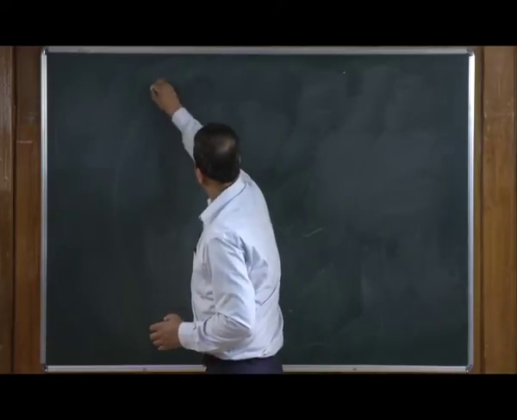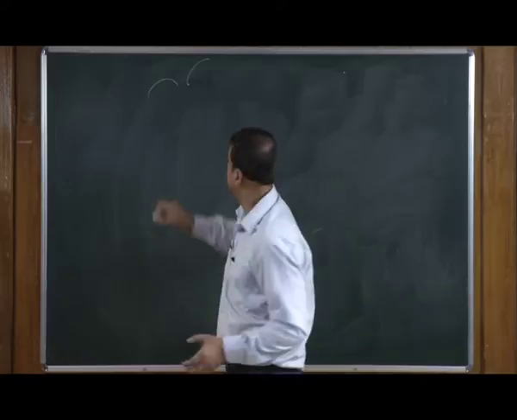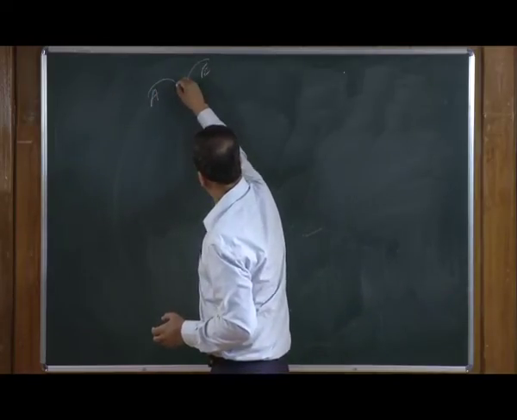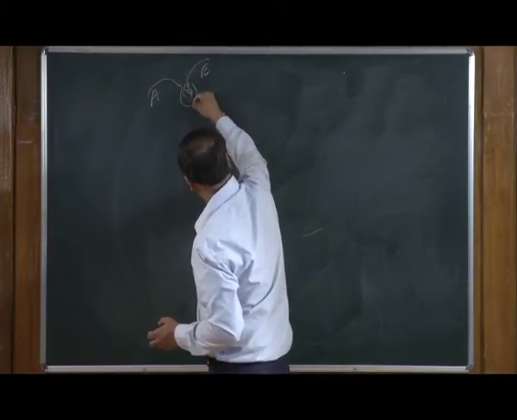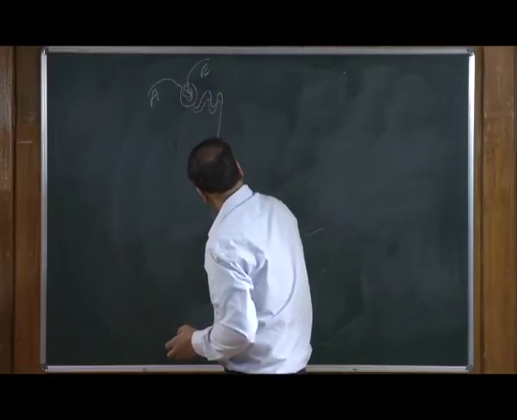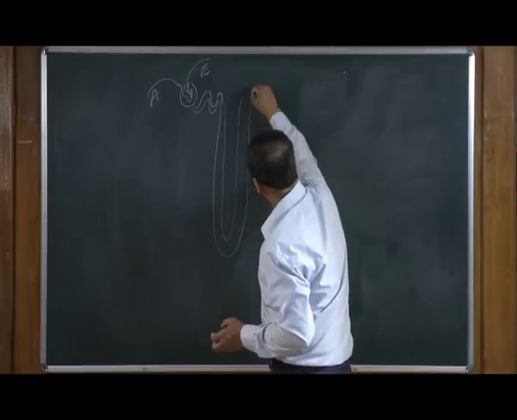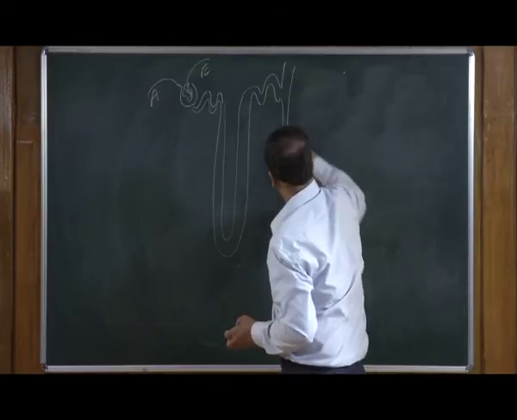So we have this afferent and efferent. Now I will draw to scale. We have the afferent and the efferent, and then the glomerulus, Bowman capsule, and here we have the proximal convoluted tubule, and this is crossing the medullary region, going back again to the cortex region where we have the distal convoluted tubule, and then we have the collecting tubule.